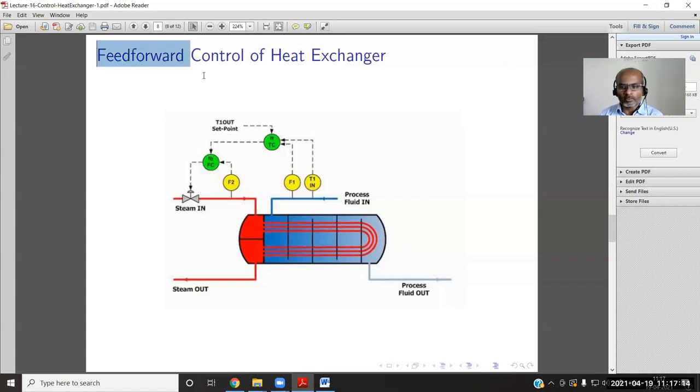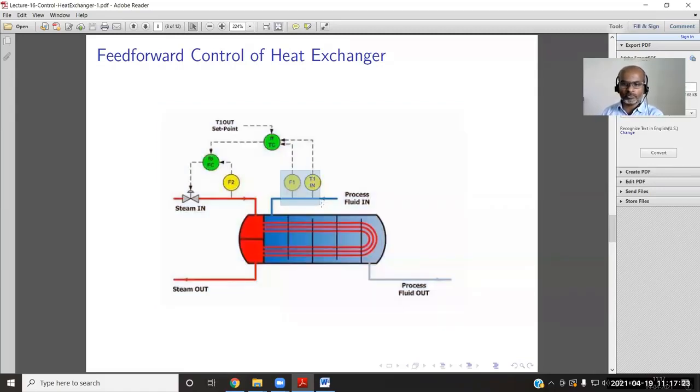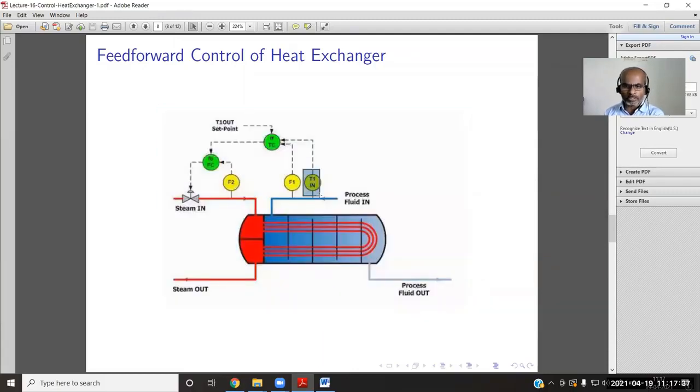This is about implementing feed forward, which I have also discussed just now. Feed forward is about measuring the feed temperature. Not only the flow, you can also measure the temperature. There are two measurements going to the same controller. You can have a measurement of temperature, and for that you can give a set point. Additionally, you can measure the flow.